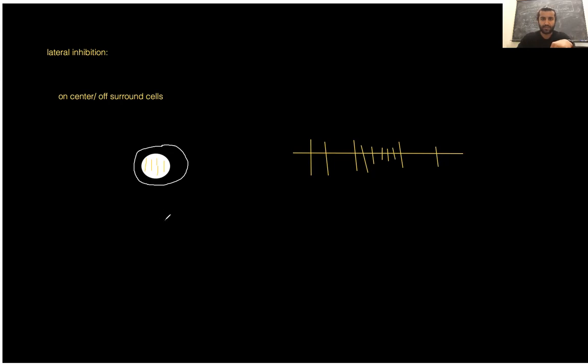Now, this is the center, this is the off-center. What happens if I introduce a light to the whole thing, if I increase my light to cover the whole thing?